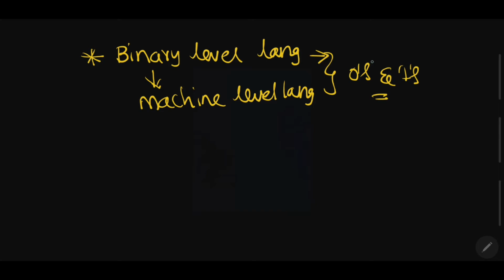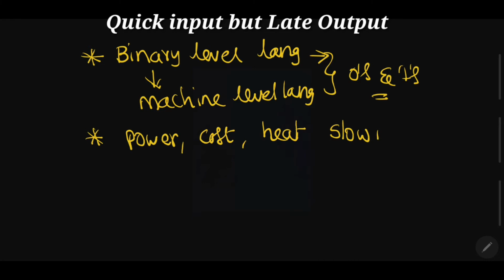Okay, it consumes a lot of power, is very costly, and generates a lot of heat. These are the major problems of first generation computers, and it slowly takes the input and slowly produces the result.